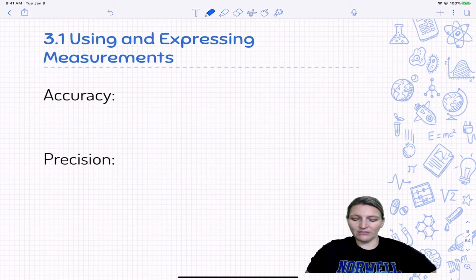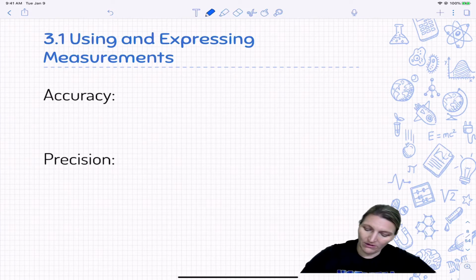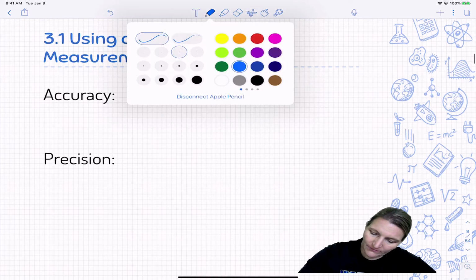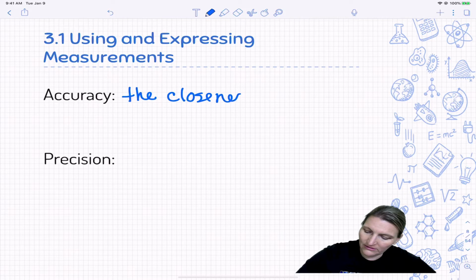So the actual definition of accuracy is the closeness of a measurement to the actual or true value of that measurement.